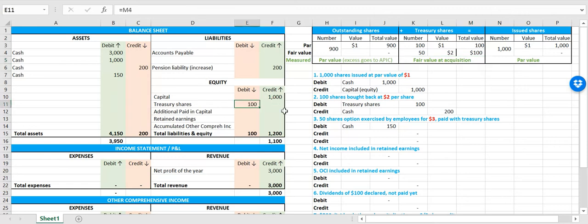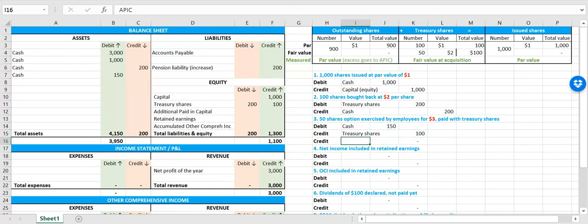And originally here we had 200, but this goes down by 100 because we're giving them 50 shares of $2 each. So we're still missing 50. We received 50 in cash. We're giving them 100 of treasury shares.